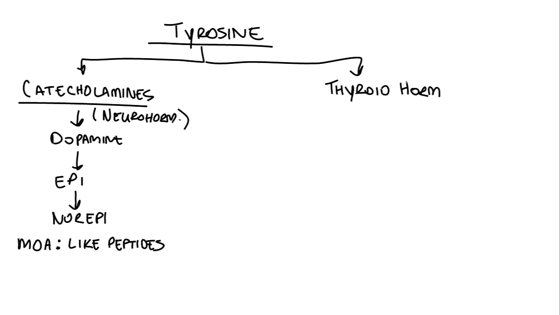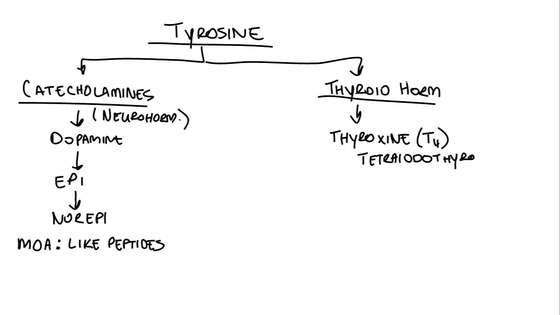Okay, so the thyroid hormone. We have two types. We have thyroxine, also known as T4. So you must know both names, thyroxine and T4. T4 stands for tetraiodothyronine.